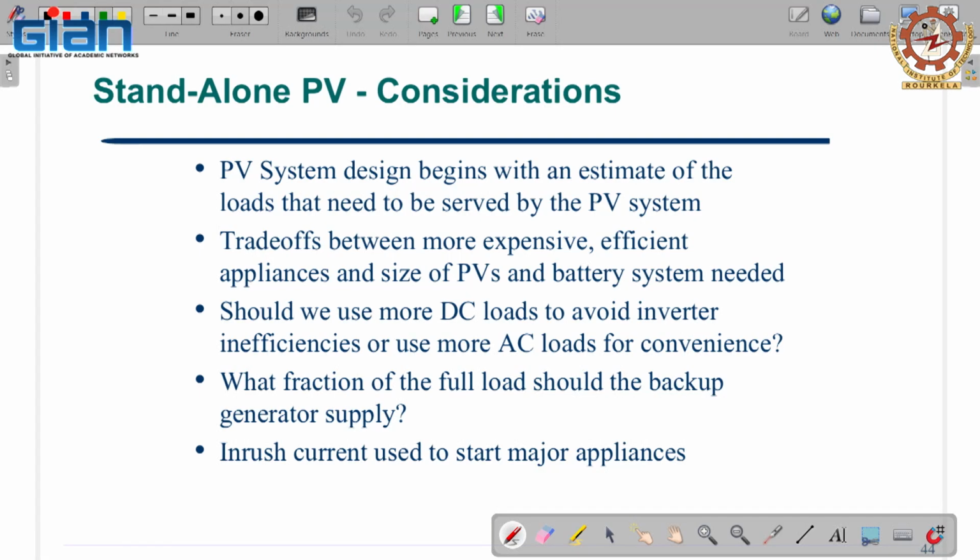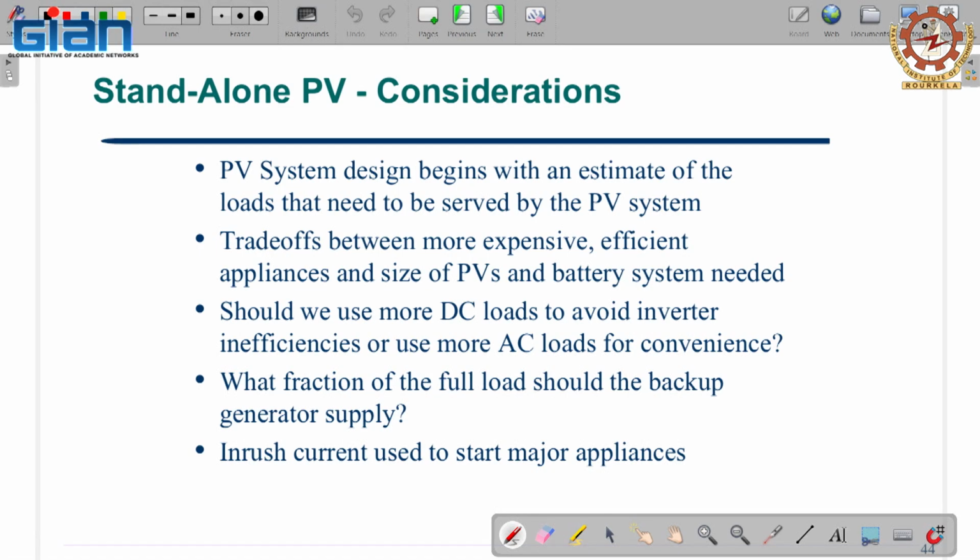Now, like the backup, emergency. As I gave you an example, an isolated system, like for example, a several-story office building, with a backup generator kind of thing.